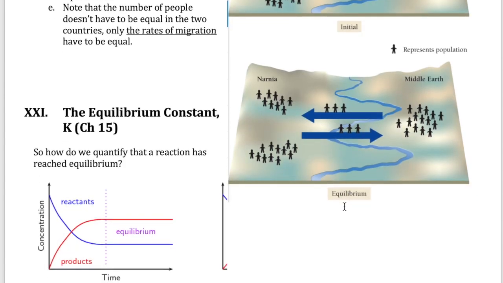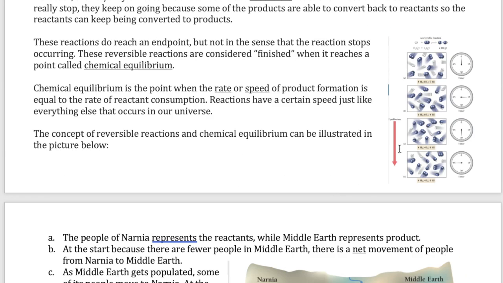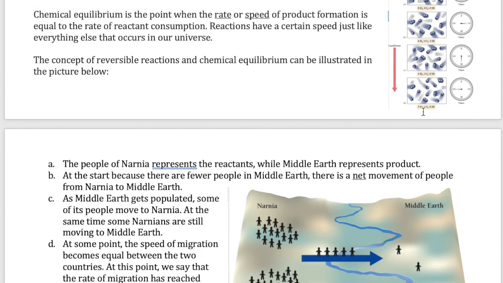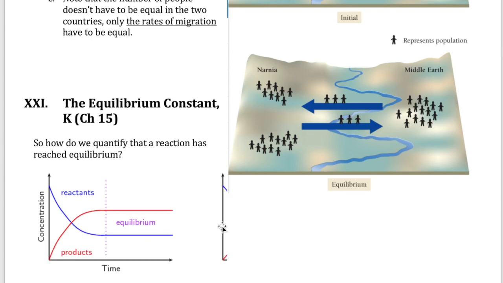So the question is, how do we know that a reaction has reached equilibrium? I said earlier that you can measure the concentration, and if the rates are equal, then we know we've reached equilibrium, because the way we tell that a reaction has reached equilibrium is that the quantity of the product and the reactants don't change over time. This is illustrated by this plot right here, time on the x-axis. At the beginning of a reaction, time is equal to 0.